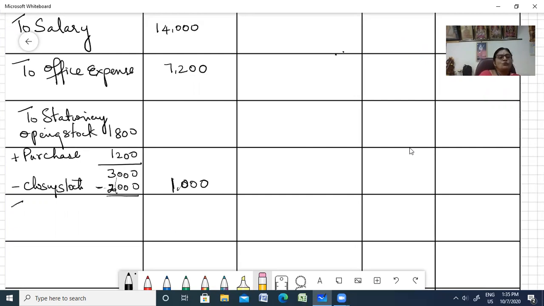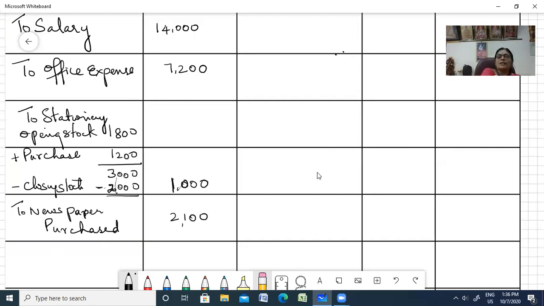Then to newspaper purchased. What is the total amount of newspaper purchased for the year? 2,100. Now I think we have completed our expenditure side.